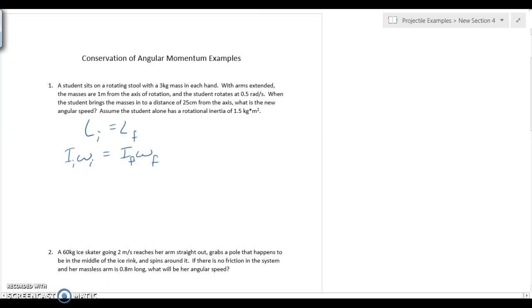So for the initial situation, I'll do that work over here. The initial rotational inertia: we've got the student, 1.5, we're given that value, and then holding out the two masses, one in each hand. The mass is 3 kilograms, and the distance is 1 meter from the axis of rotation, so 1 squared, but there are two of them, so we have to add that twice.